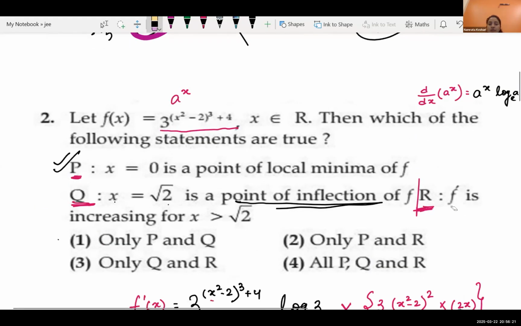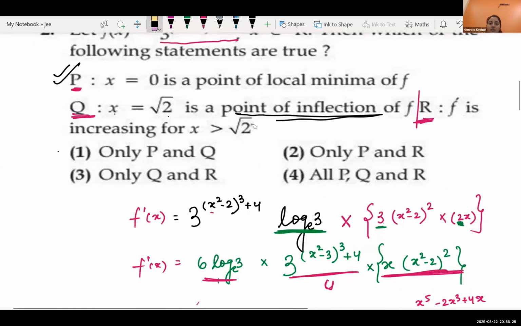Now the next thing, if f dash is increasing, one more thing: towards one of the sides of root 2, is it negative or positive over here, or is it positive over here and negative over here? You don't have to do the calculation, you just have to write the sign.